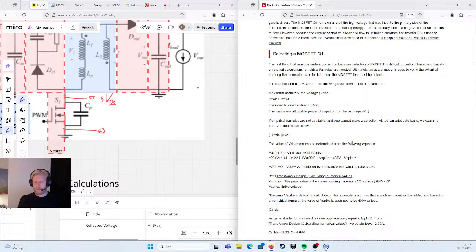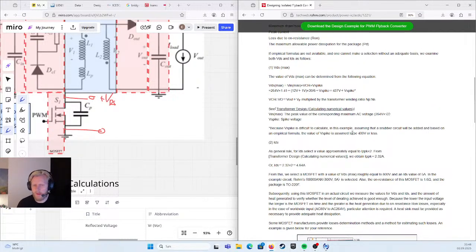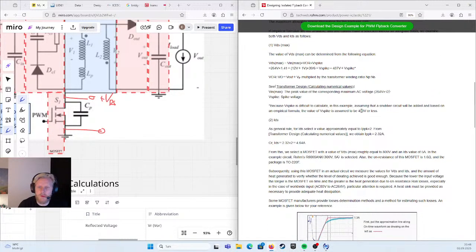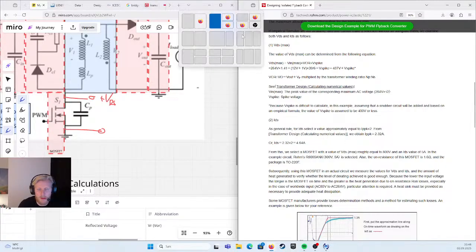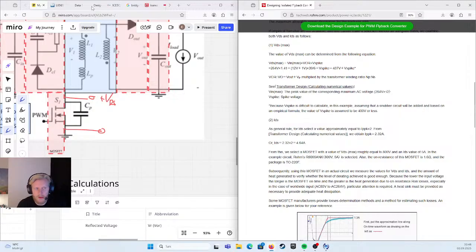I wish I could read a bit more on that, but I will wait. Let's just assume the same thing. So 400, it can be up to that. Then we can look at IDS.